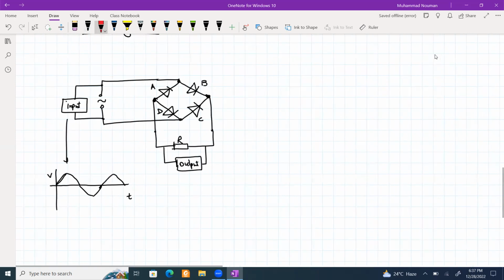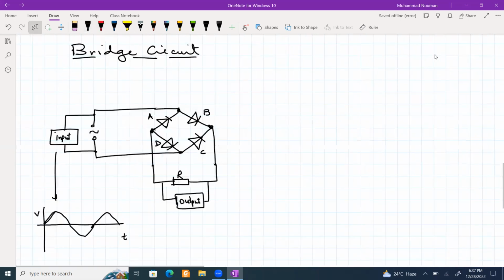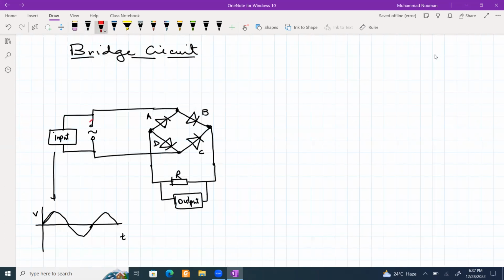For example, the current travels, first of all, let's say in this direction. The current means the conventional current, a positive pulse, travels in this way and reaches this point, and this point is called a junction.